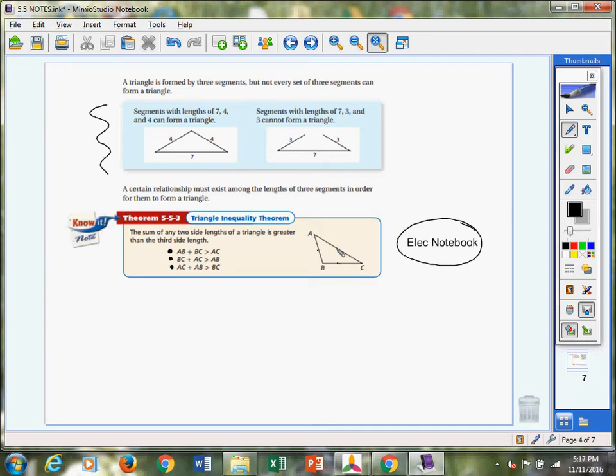AC and AB should be bigger than the one that's not been included, which is BC. So that's the whole deal with the triangle inequality theorem. You can create an inequality with known side lengths and then see if numerically it works out, okay? So any 2 sides of a triangle should be bigger than the third one. You should have 3 statements you can write from each of these.